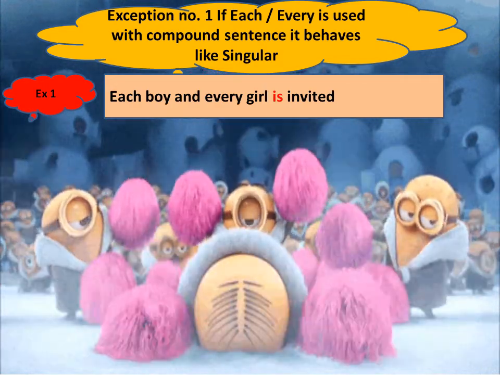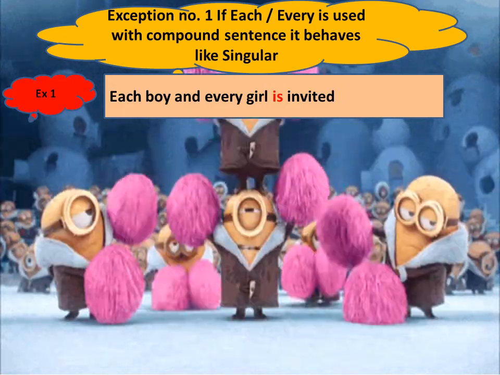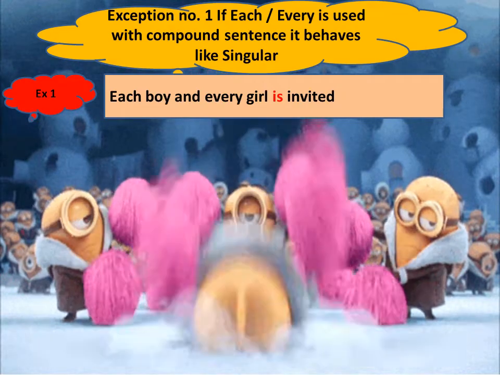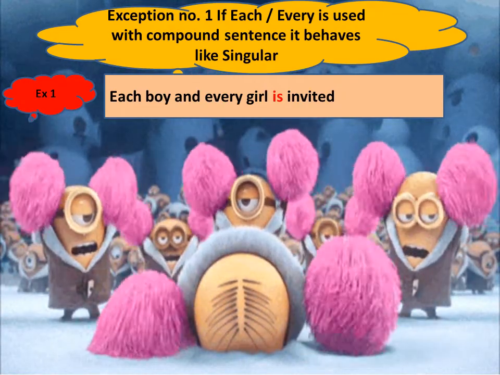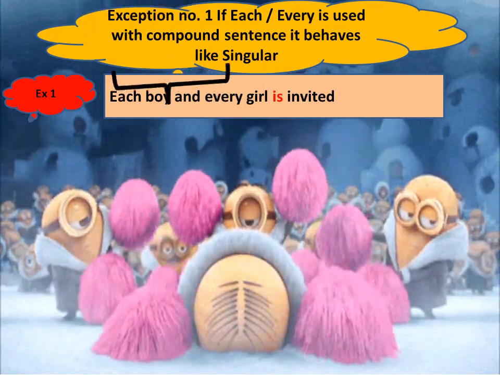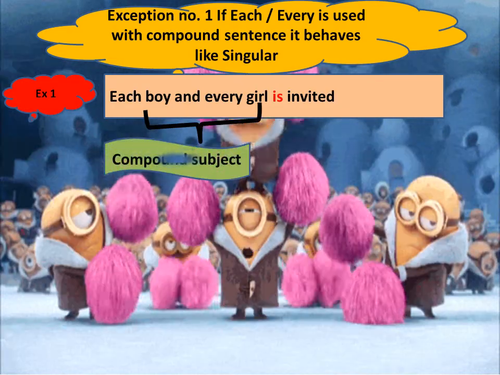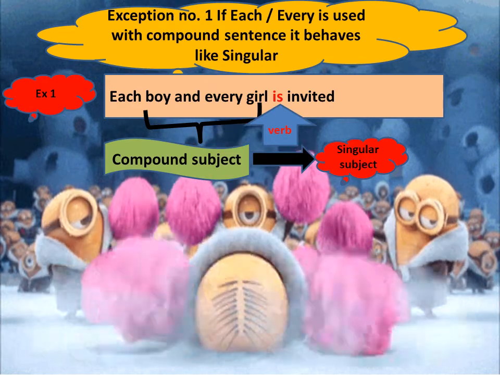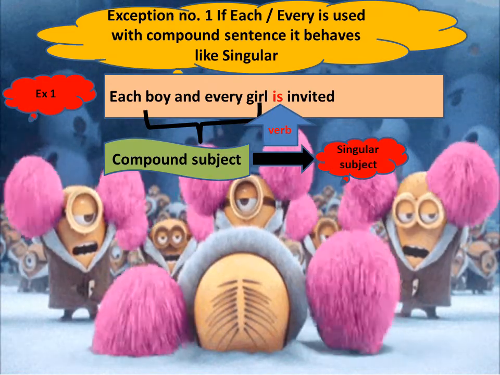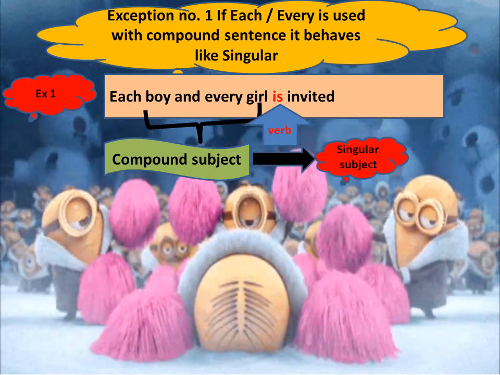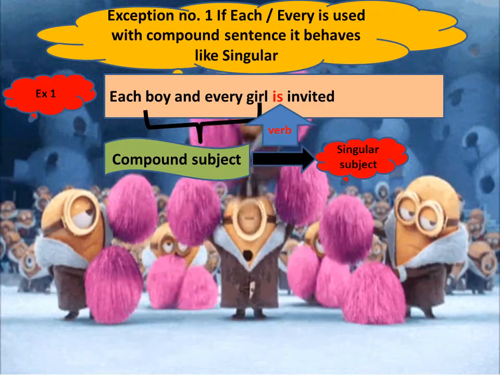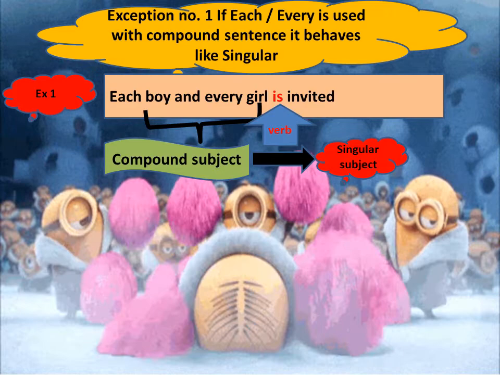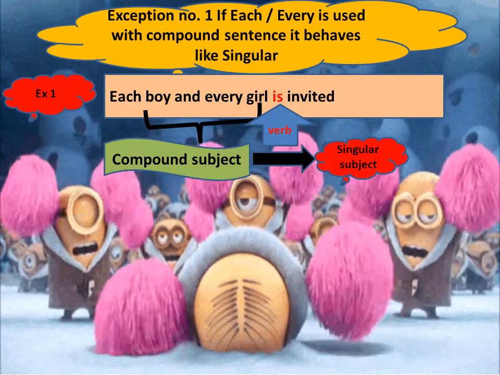Each and every, right? So what is the exception said? Each and every, when added to a compound subject, acts as a singular subject. So remember, singular subject, we use singular verb. So along with each boy and every girl, the verb will always be singular. That is why is invited. Got it?